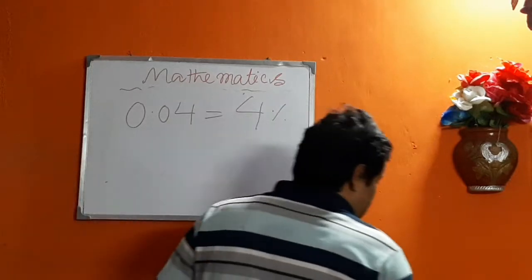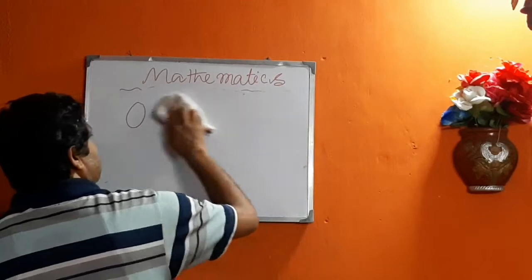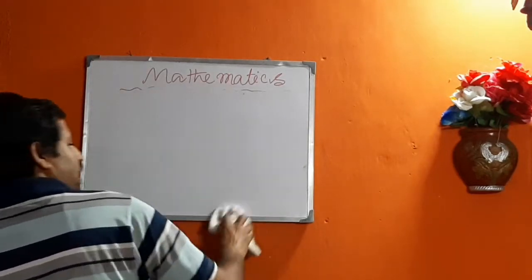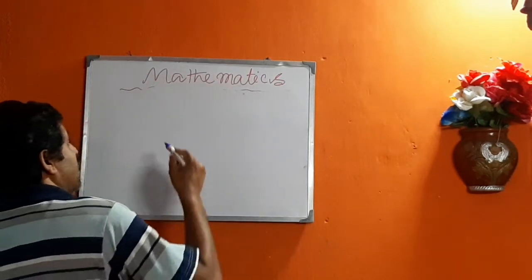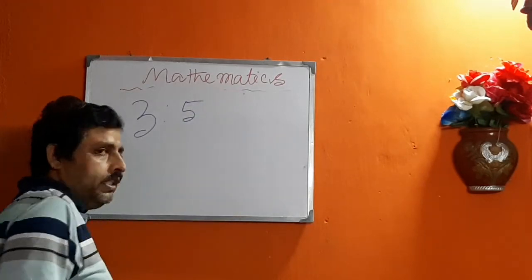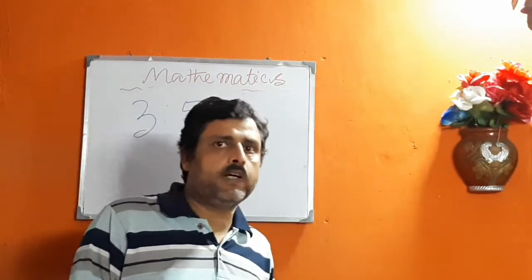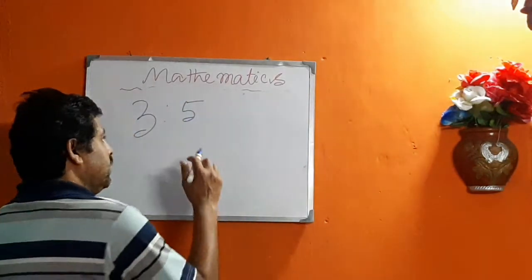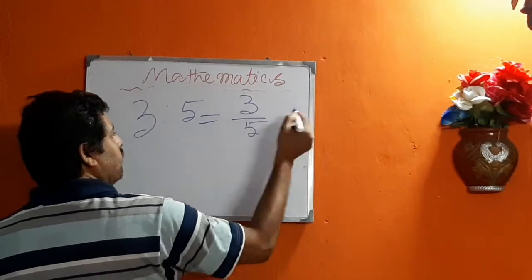A ratio can also be represented in percentage form. Suppose there is the ratio 3:5. How to represent this ratio in the percentage form? The ratio is first converted into fractional form, that is 3/5.